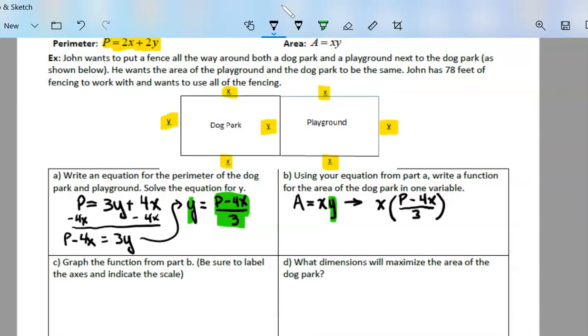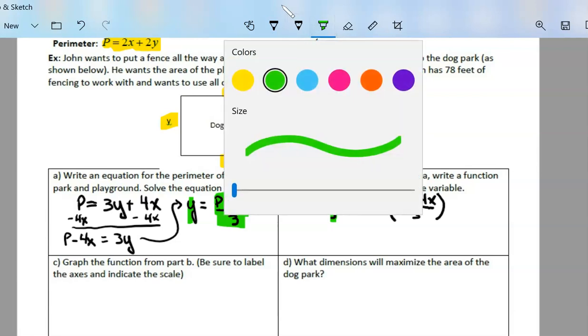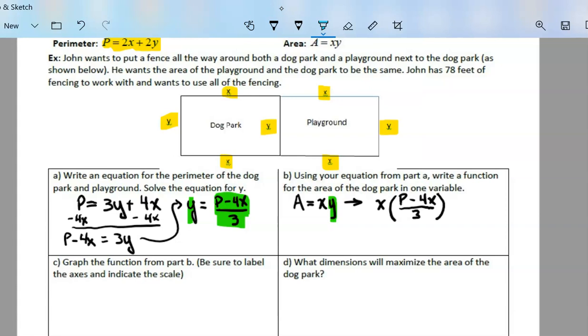Before we do that, we don't have this in one variable because we have this p, but John has 78 feet of fencing.